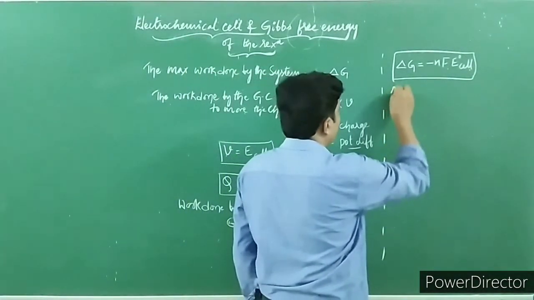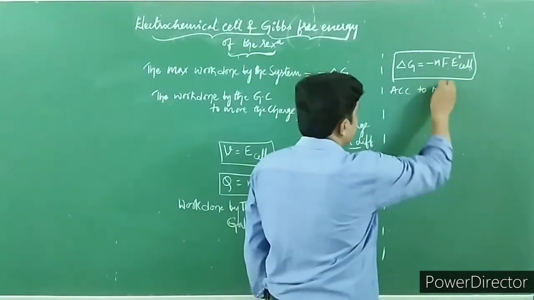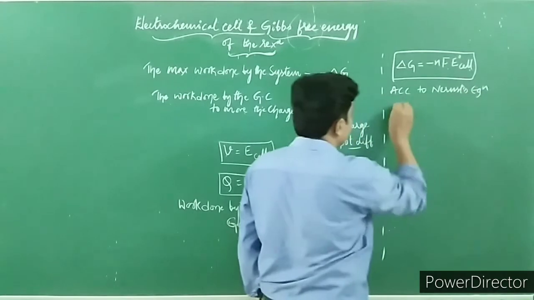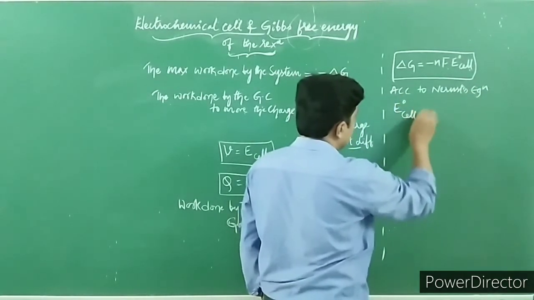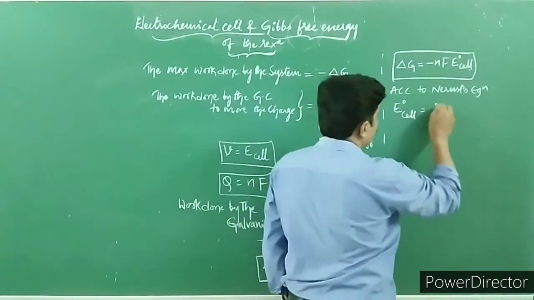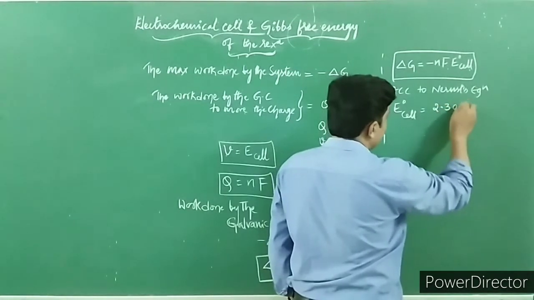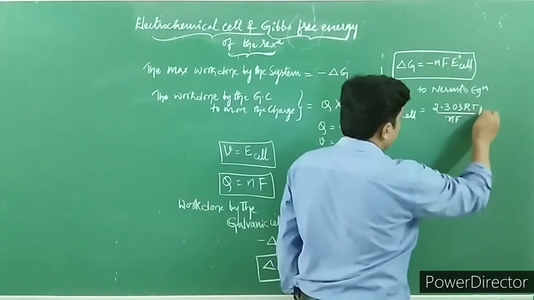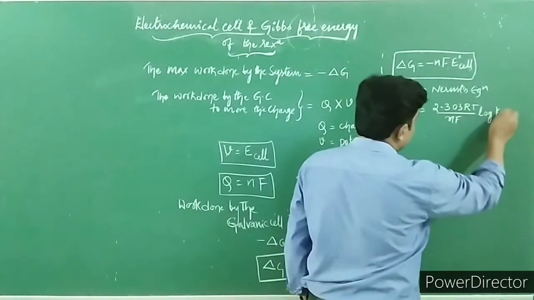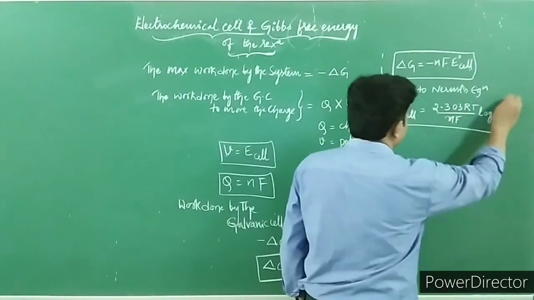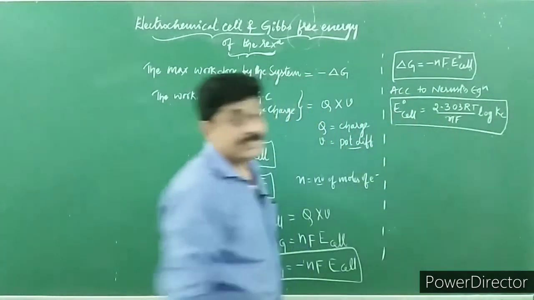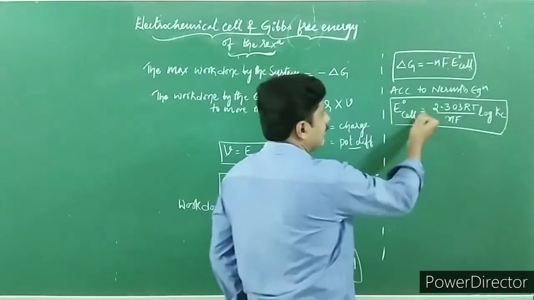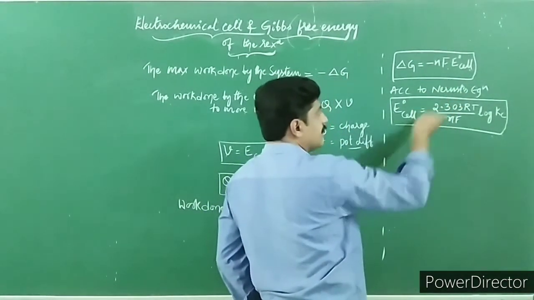Children, you know that according to Nernst equation, E naught cell is equal to 2.303 RT by NF into log of Kc. This you have learnt under the relationship between Nernst equation and equilibrium constant. Children, let me substitute the E naught cell value here.